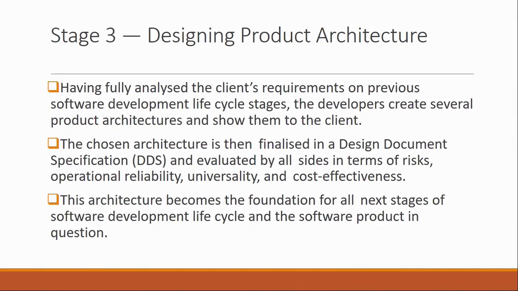Then next we have designing the product architecture. Based on the result of this analysis, and after requirement gathering, analysis and planning, we design some models, that is analysis models. After the analysis model, we have the designing part.